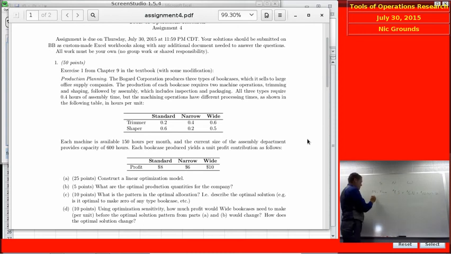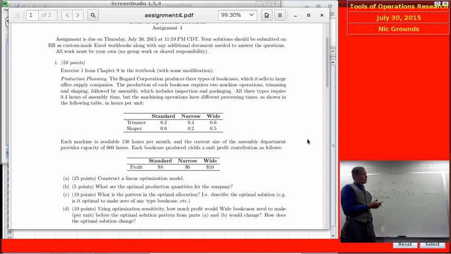But we have constraints. So the third component of every optimization problem is the constraints. And in this case, we have 3 different things that have to be done to make each of the 3 different types of bookcases, and we have capacities on how much time or resources we have available to do those three activities.